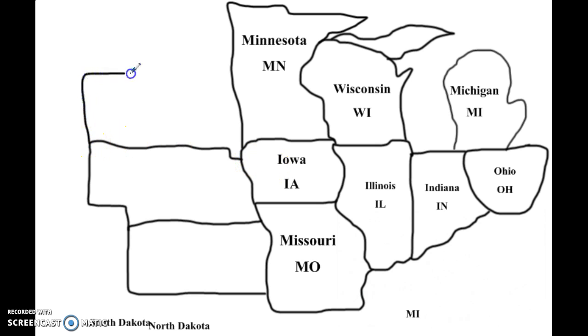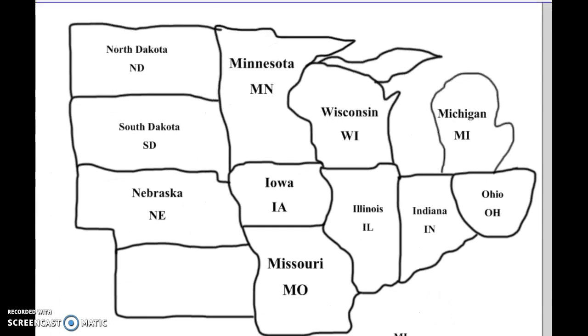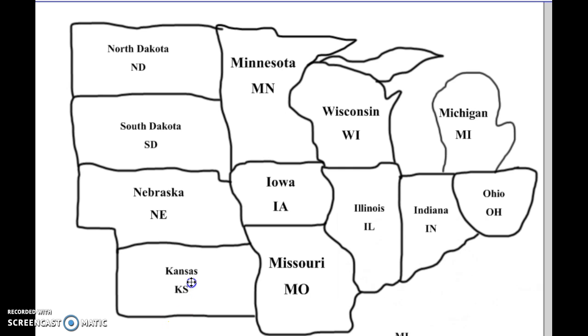And then we have North Dakota and South Dakota. So North Dakota, ND, South Dakota, SD, Nebraska, NE, and Kansas, which I always call the heart of the country, because if you look at a real map of the whole 50 states, it kind of looks like it's right in the middle.